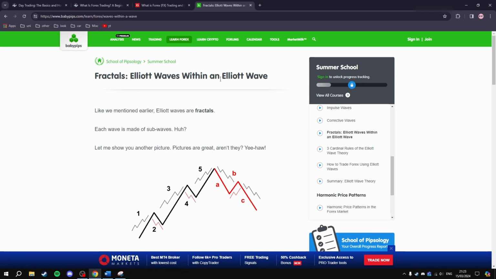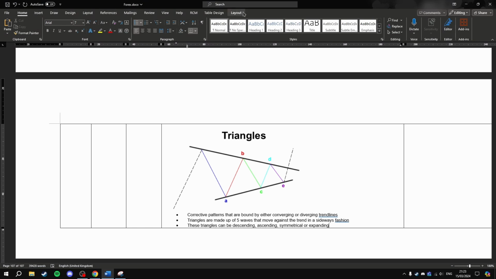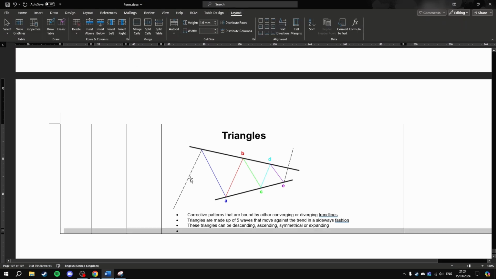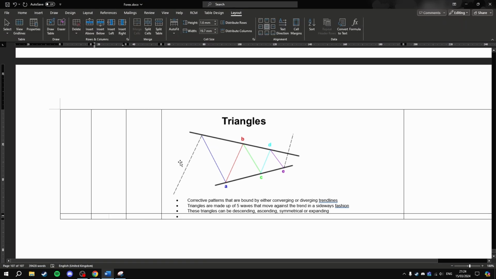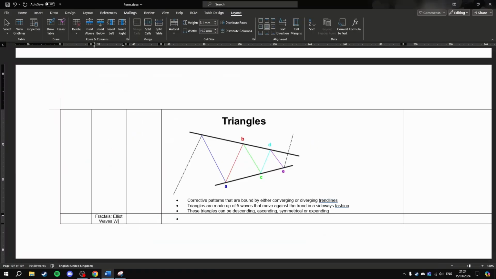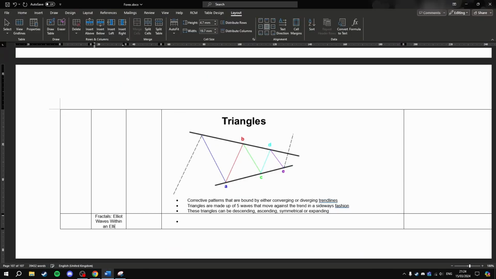Fractals: Elliott waves within an Elliott wave. This is where we can see mini Elliott waves within Elliott waves.